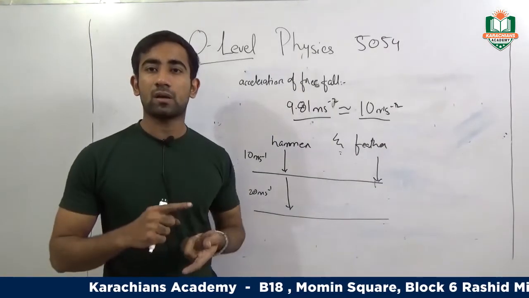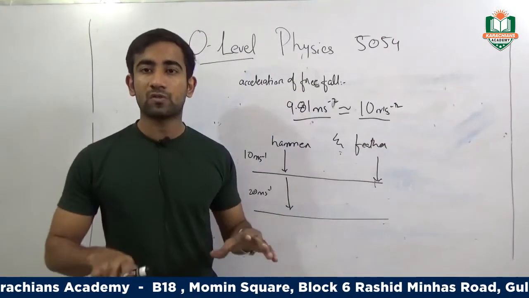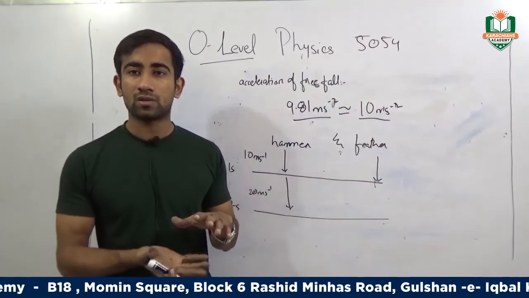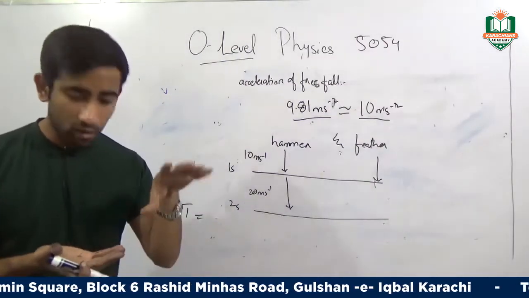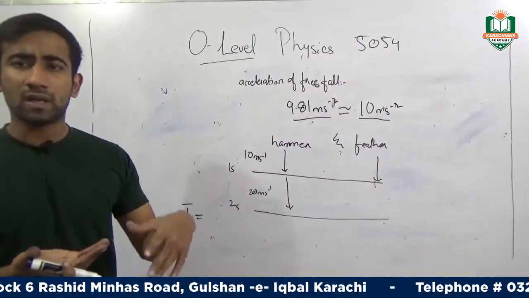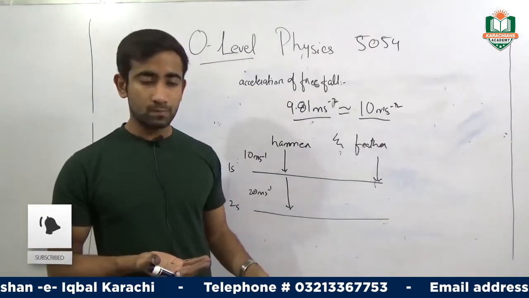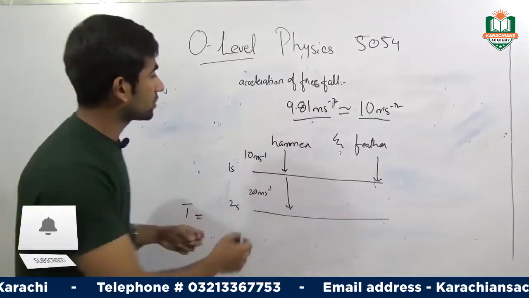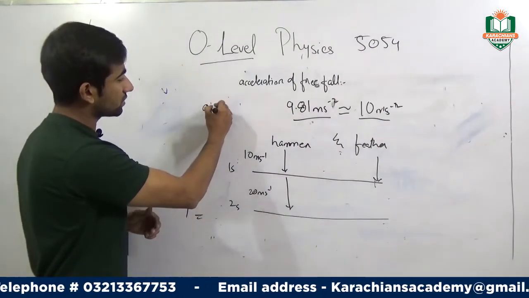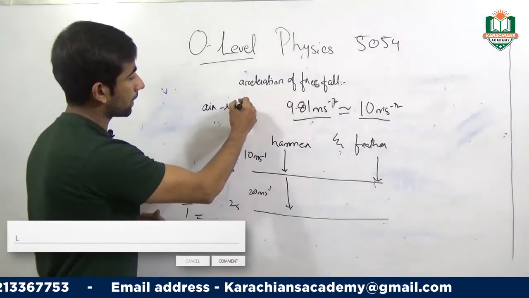The duster has more surface area, so the air resistance is acting on the duster. That's why the duster has fallen at a very low rate as compared to that of the pointer. So the most important factor which influences this free fall is the air resistance.